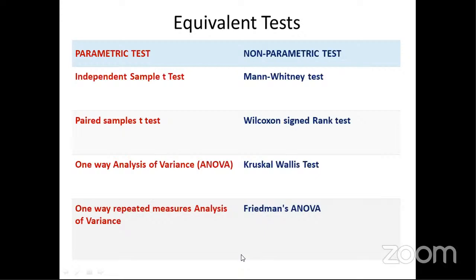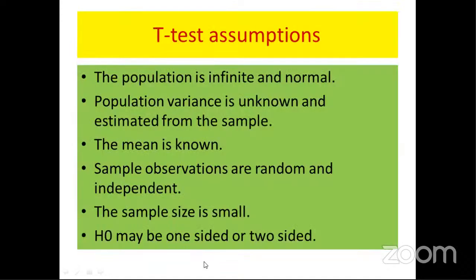Kruskal-Wallis test is an equivalent of ANOVA, analysis of variance, whenever you are using non-parametric. So we have one-way repeated measures analysis of variance. Kung one-way siya, pero repeated analysis is done, therefore there is another equivalent for that. That's the Friedman ANOVA. Any question?